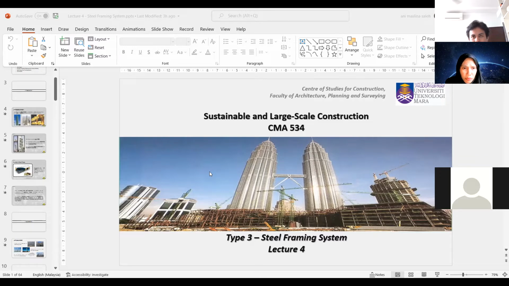So the next one kita buat next week. Saya try to compress the steel framing system dengan timber. If I could, untuk yang next one, that is next week lah. Okay, yang untuk hari ni I have to finish at 3 o'clock.